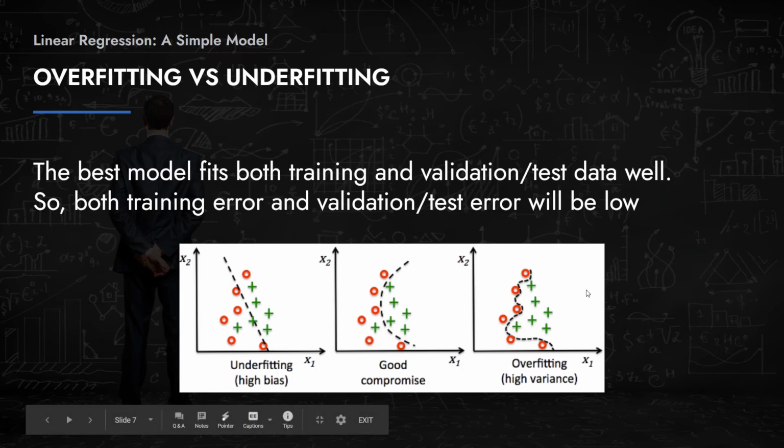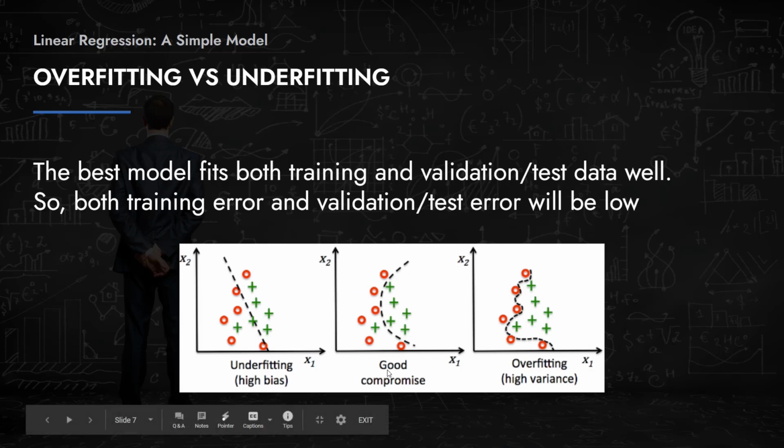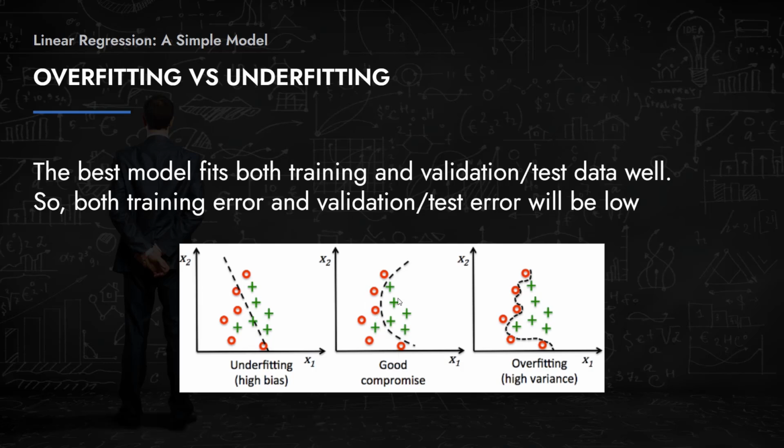And obviously it's greater than the 0 error here, but it's general enough to generalize with new data. So most probably the new data will also accurately be described with this model. So this is a good compromise, a good middle ground. It does have training data set error, but it's minimal, and it will have testing data set error, and that will also be minimal, right?